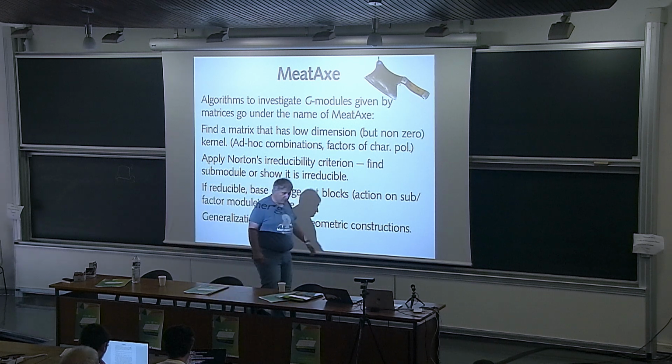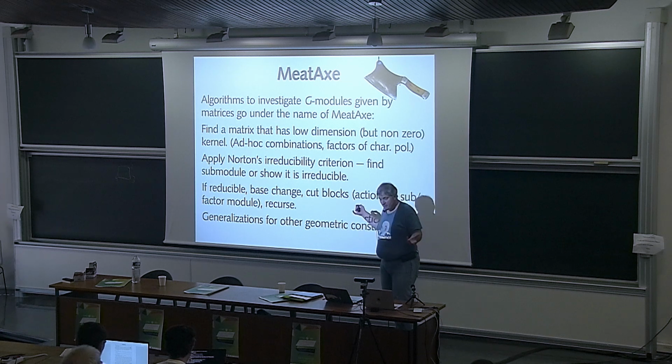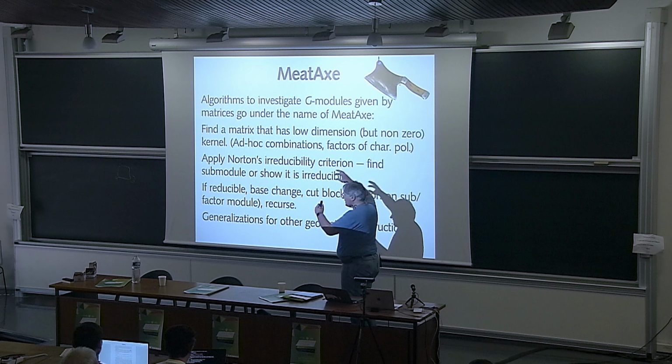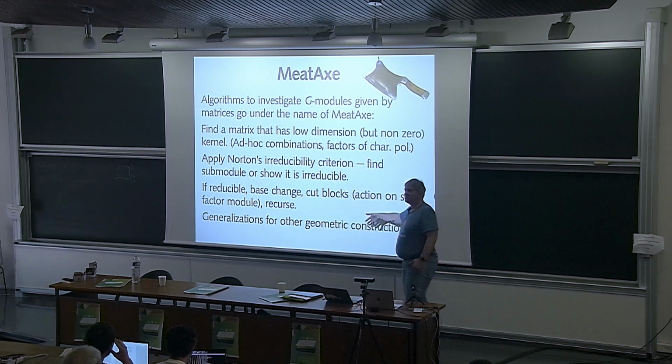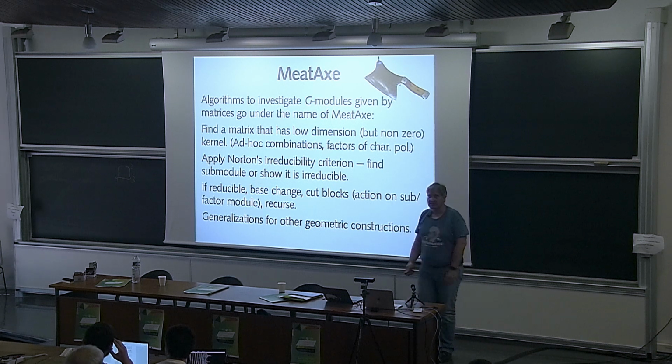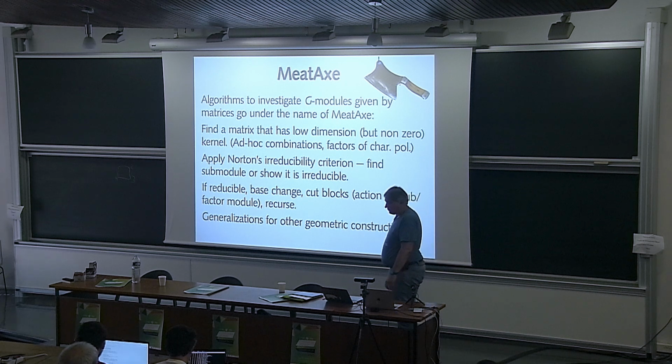Either it proves the module is irreducible, or it finds a proper submodule. If it is reducible, change basis, take the blocks, action on the submodule, action on the factor module, recurse, breadcrumb algorithm, and you do this as often as you need, till you find the things which can't be cut smaller. In this case, that would be the composition factors of the module.